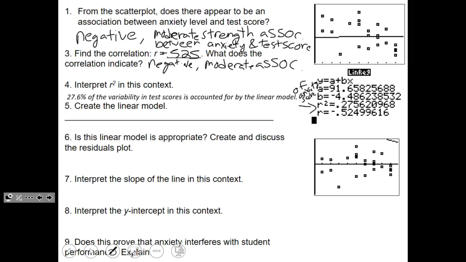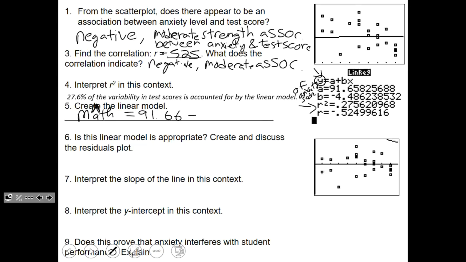I want to create the linear model. Well, that's not too bad. I'm going to use what I have right here. It tells me y equals a plus bx. Set my explanatory, so my math score, and it's a prediction, so my predicted math score equals a plus bx, or 91.66 plus bx.